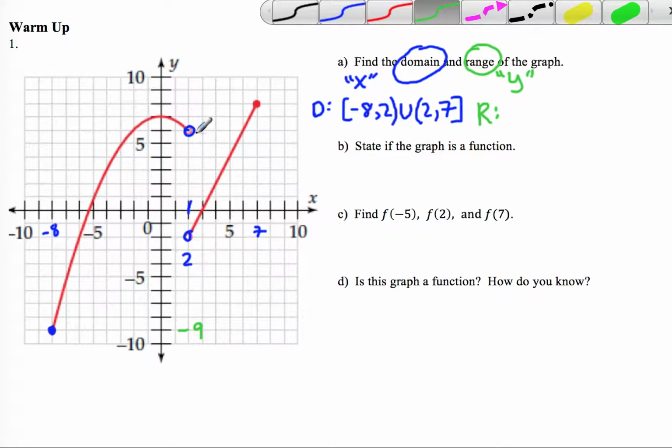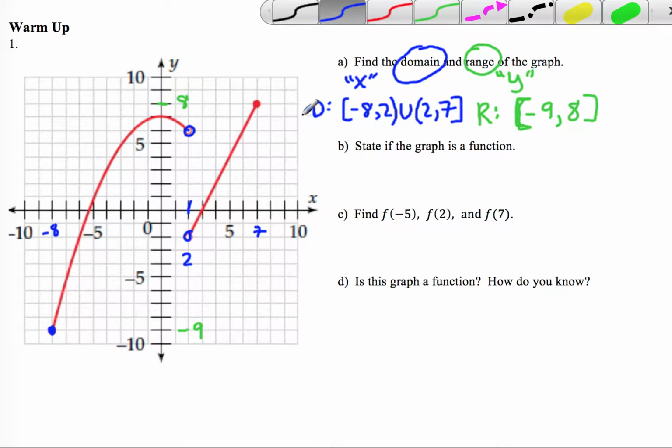So all the way up until, well, it doesn't include this 6, but we have a 6 over here. So all the way up here till 5, 6, 7, 8. So our range is including -9, whoops, bracket, including all the way until +8, including.